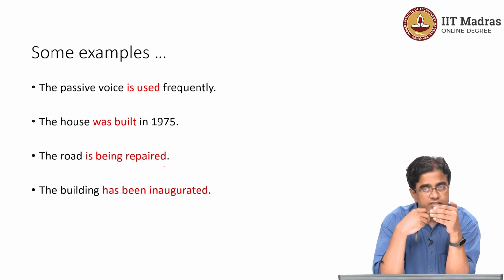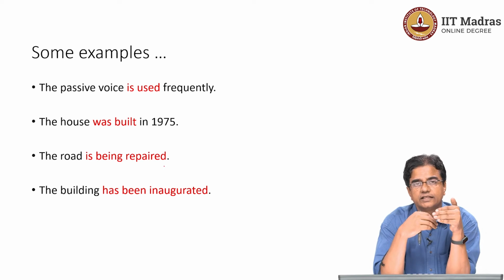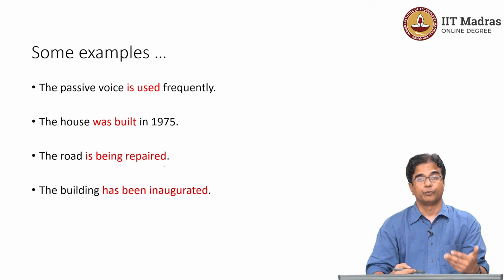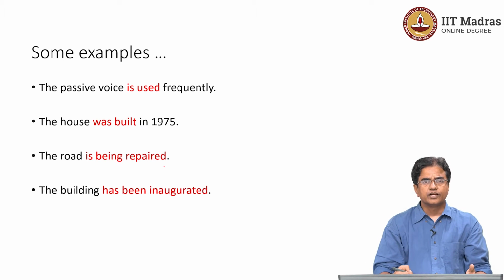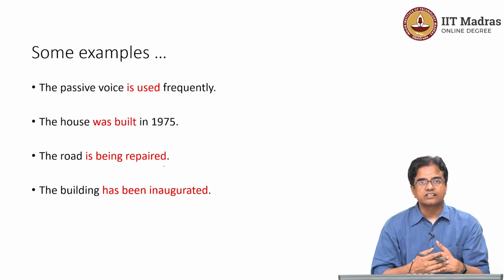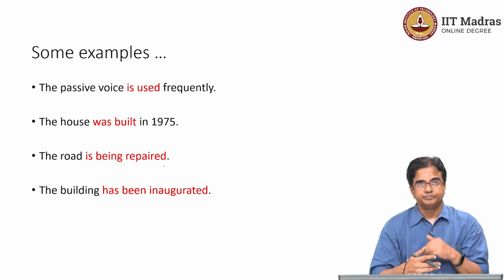And it will help if you can reconstruct the active counterpart of these sentences also. I'll do that for you for some of the sentences, but it just helps if you reconstruct the active counterpart as well.